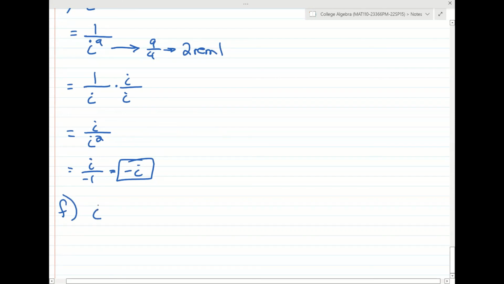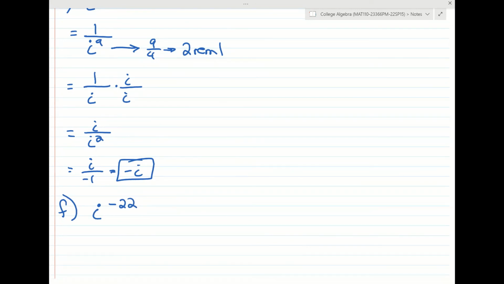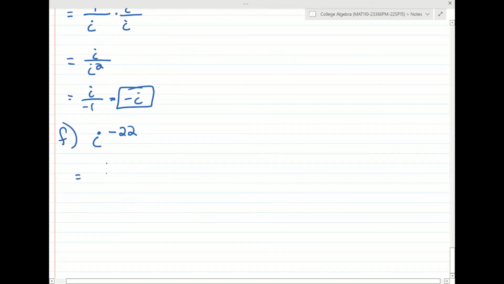What about if we had i to the negative 22nd power? This will be our last one. Well, we know 1 over i to the 22nd.